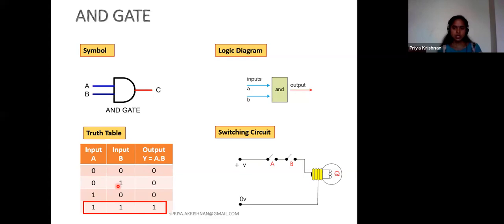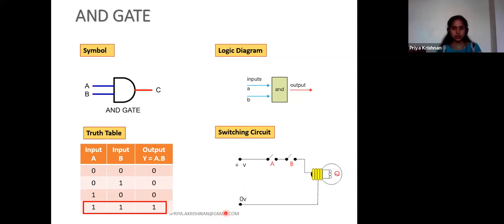Here one condition is true, but the other is false, so the output is false. The AND gate gives an output only when both conditions are true, because Y is equal to A AND B. Only in the last condition do I have both cases true, so my output will be 1 only in the last condition.